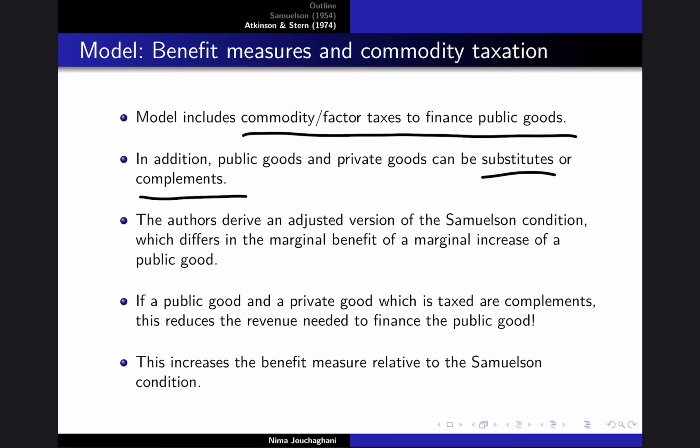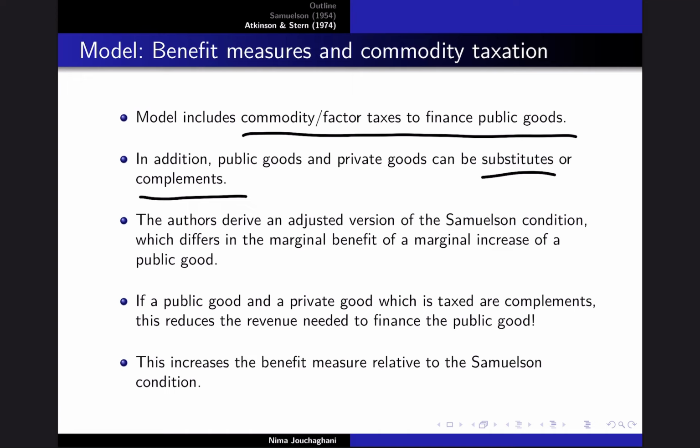You can consider them as substitutes, so that if the government introduces more television channels, this drives consumption away from the private channels to the public channels, and vice versa. So those are examples of substitutability between public goods and private goods.